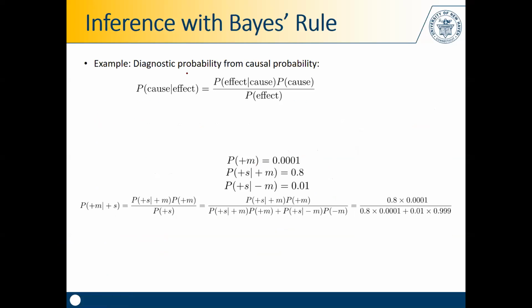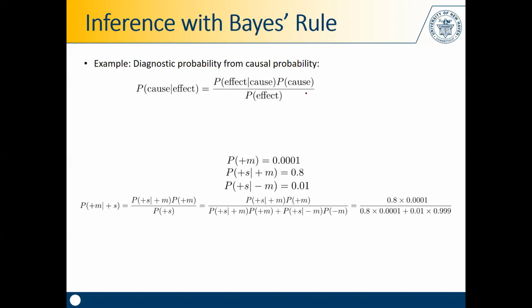Imagine we want to do diagnostic probability from causal probability. For example, symptom. We have the probability of, let's say, migraines given headache. We have this conditional probability.